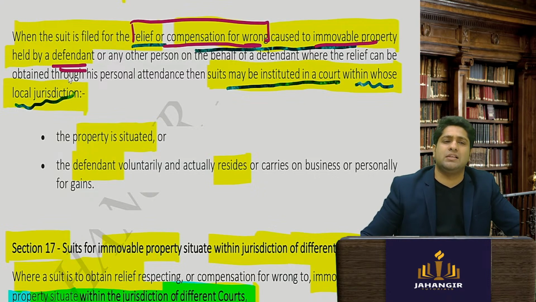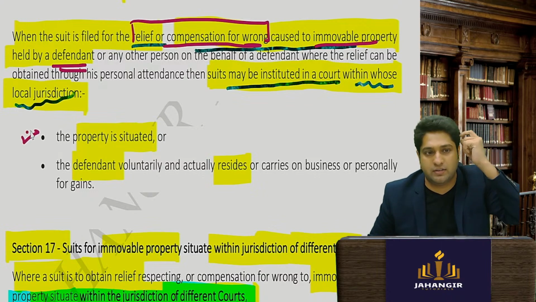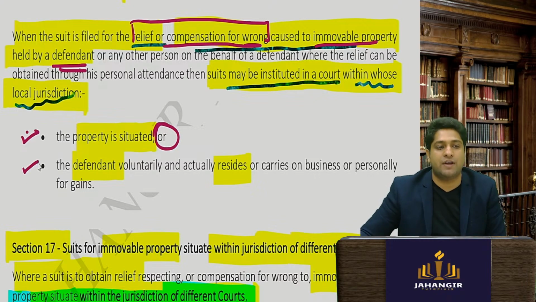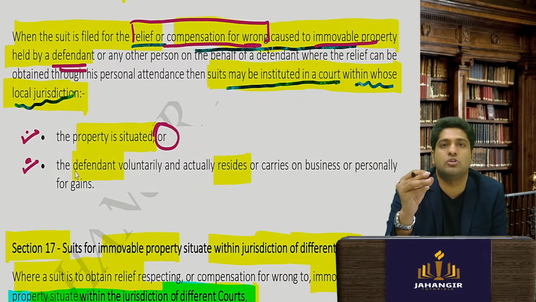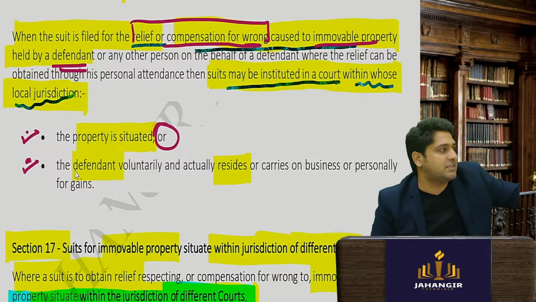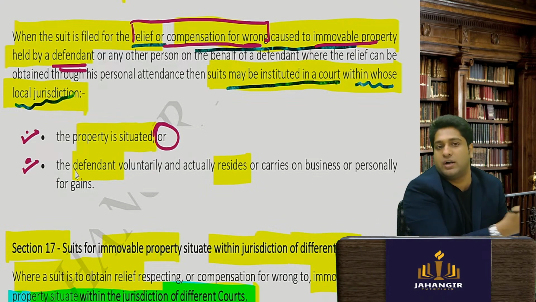The plaintiff will ideally file where the property is situated, or he gets an option to file where the defendant resides, because obviously this is in favor of the defendant. If the defendant resides here and I file the case here, it is easy for the defendant.